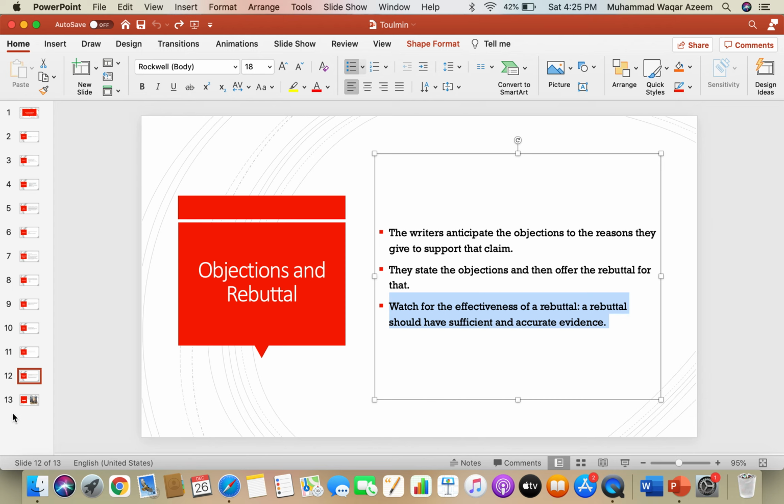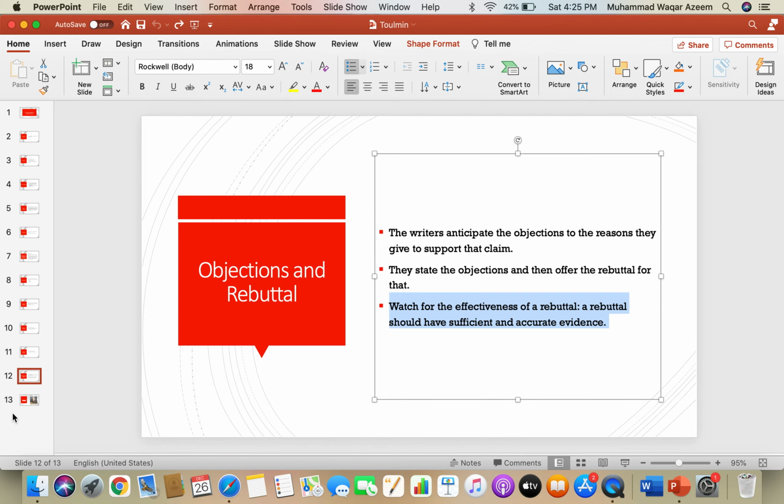So in sum, what we have learned today, students, through this presentation is that when we read an argument written by an author, we should not take that argument at face value. Rather, we should try to critically analyze that particular argument. In order to analyze an argument, one of the methods that we use is called the Toulmin method.